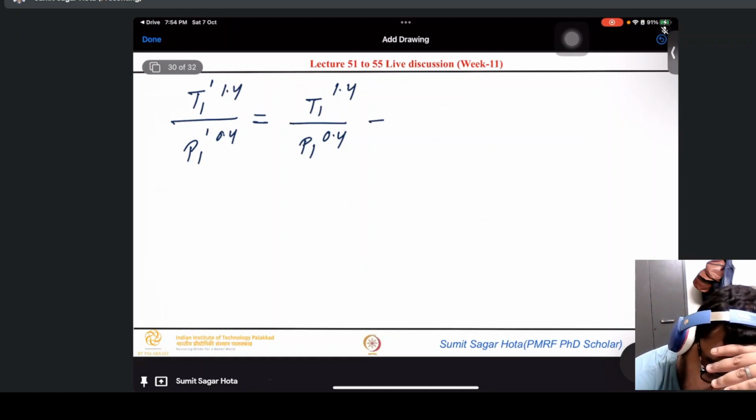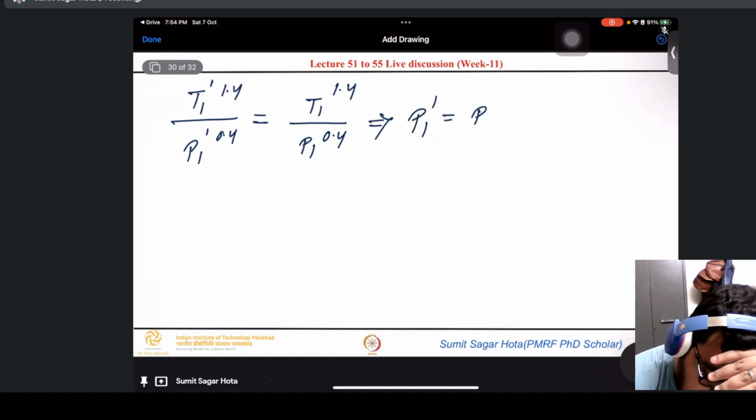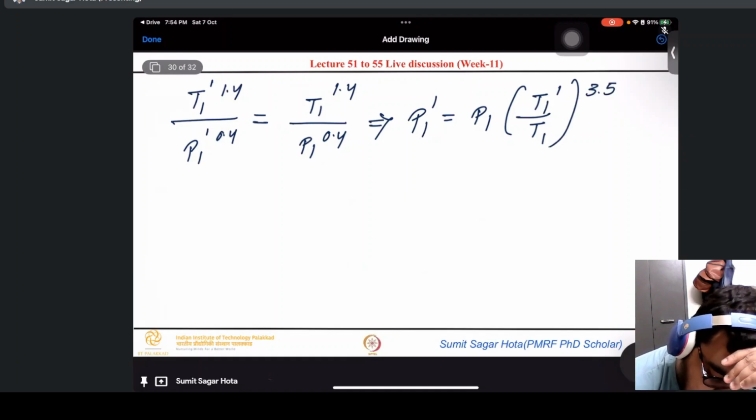Now you solve for P1 dash equal to P1 into (T1 dash by T1) to the power 3.5, that is 1.4 by 0.4.